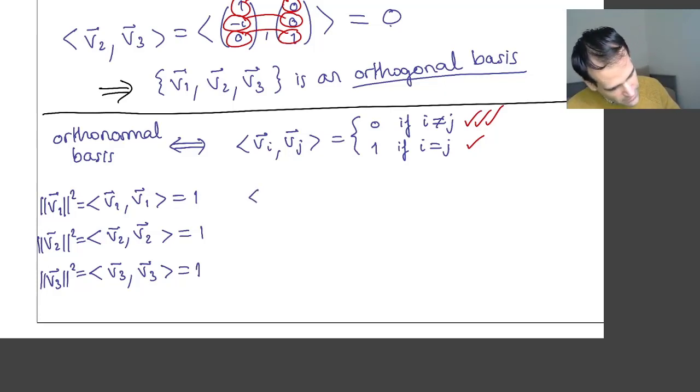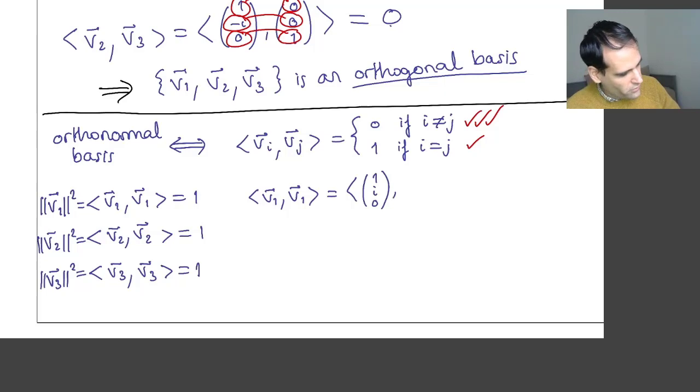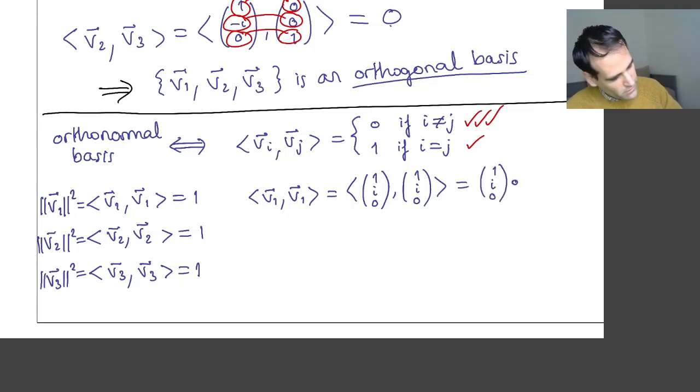So let's start with the first case, v1 inner product with v1. This is equal to the vector 1, i, 0 inner product with 1, i, 0 with itself. Now let's use the notation of the dot product. This is equal to the dot product between the vector and the complex conjugate of the second vector.